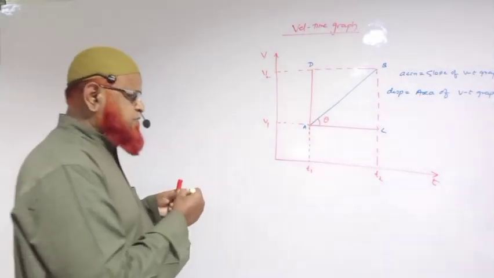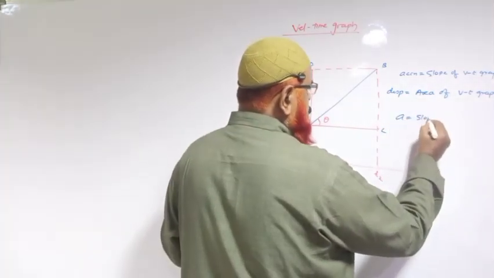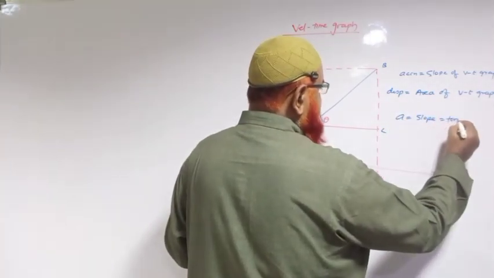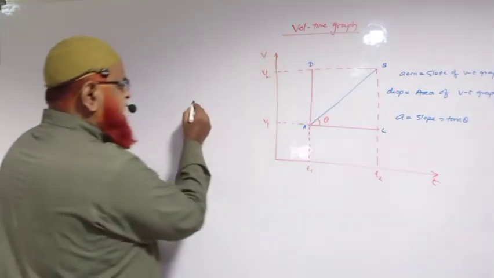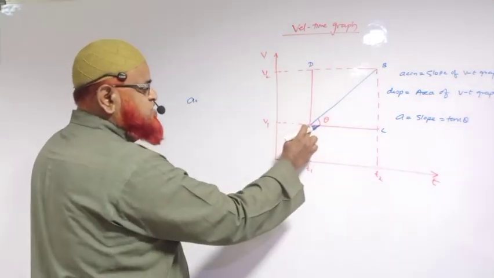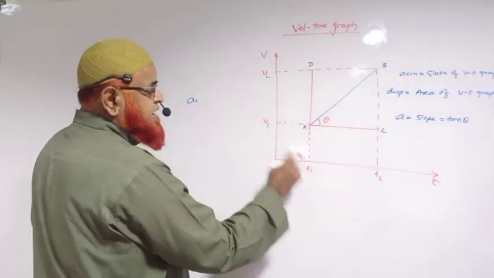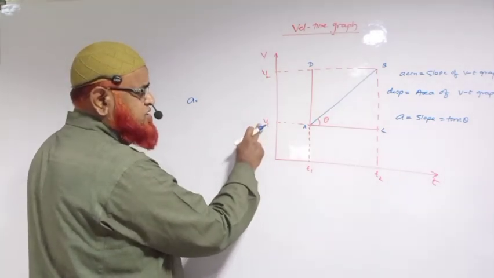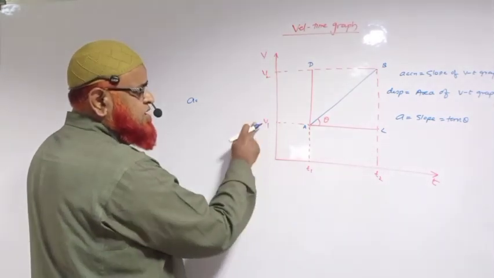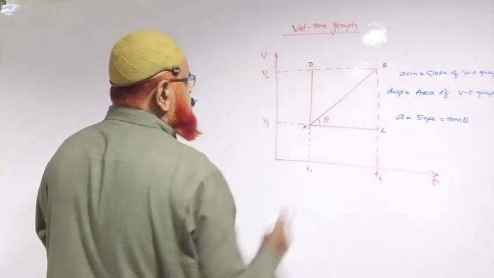Okay, I'll give you an example for acceleration first of all. So acceleration is equal to slope, which can also be taken as tan theta. So here, the initial position of this graph is this one, which is time t1, and at time t1 the speed was v1, which is called the initial velocity. At time t1 velocity is v1, and at time t2 velocity has increased to v2.